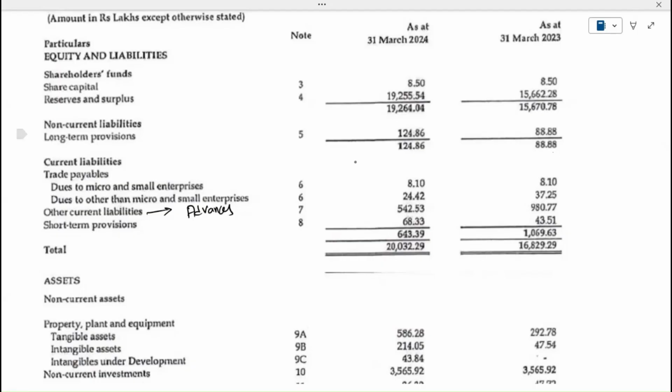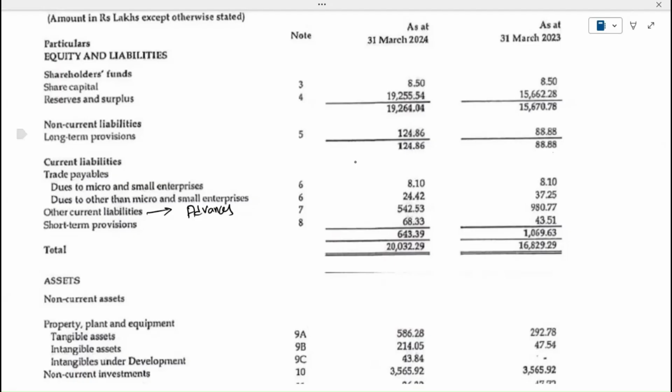Say I'm a hotel, I'm into hospitality business, I'm into manpower consultancy, I'm into training activity. So a student pays me 1 lakh advance. Like we are in March, suppose the course is going to get started from April. So student pays me 1 lakh advance. So that money 1 lakh, I'll not call as an income.